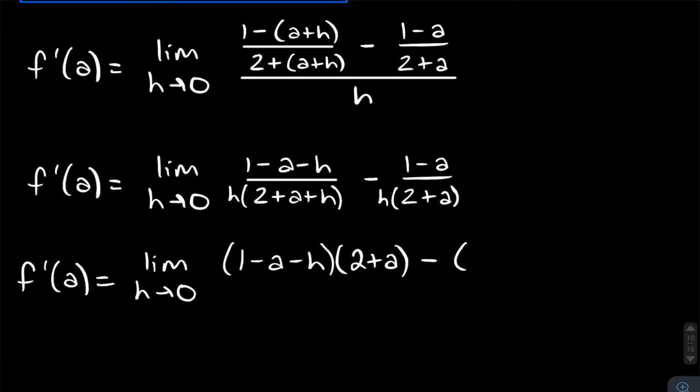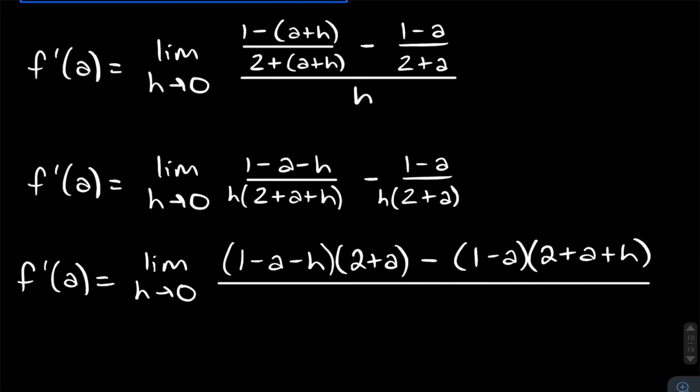And then we're going to multiply the 1 minus a by the 2 plus a plus h. Just to make sure that you realize that these are 2's, not a's, I know that can get a little bit confusing, I'm going to write those 2's like that. In the denominator, we have a 2a.